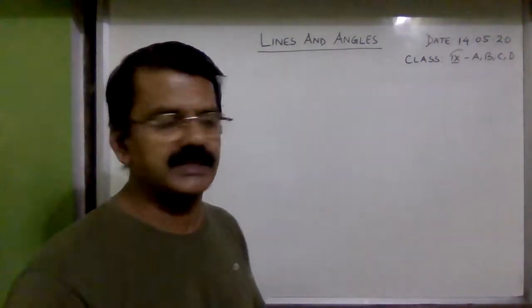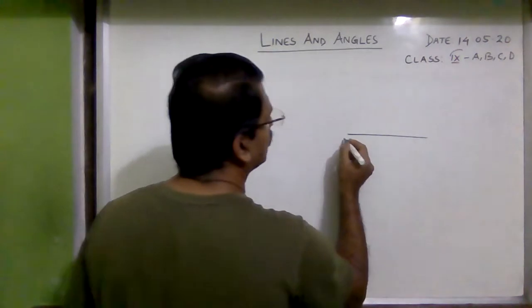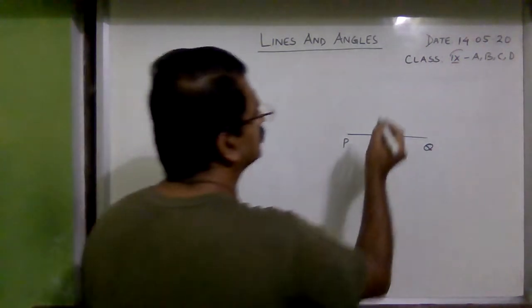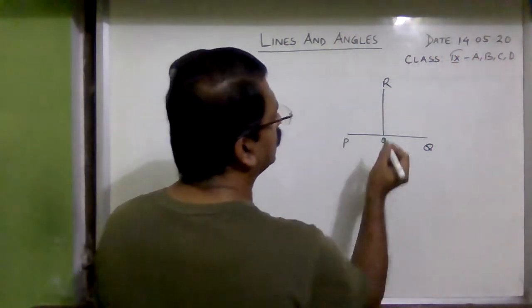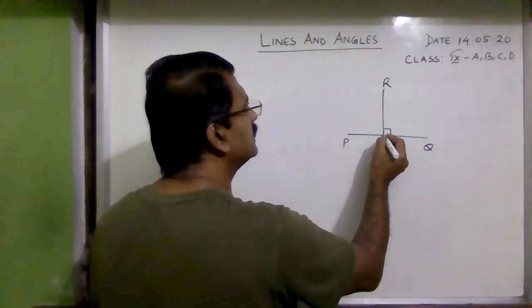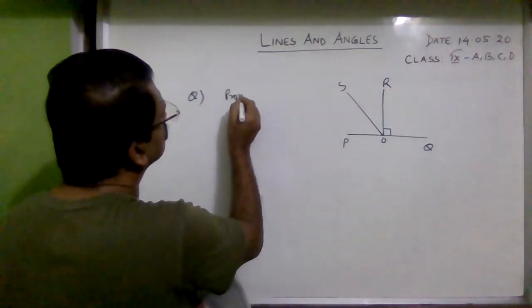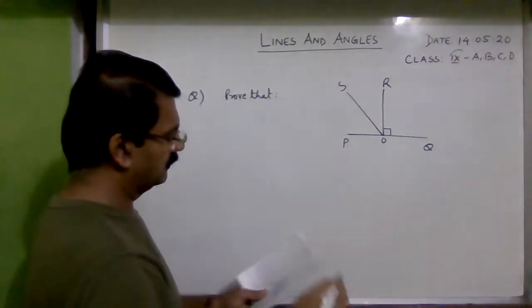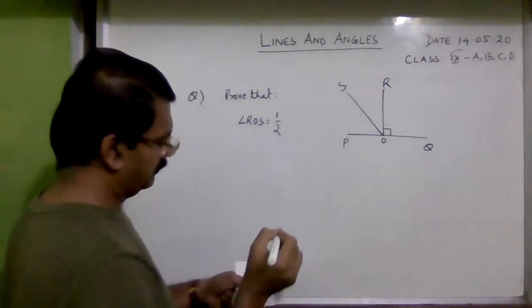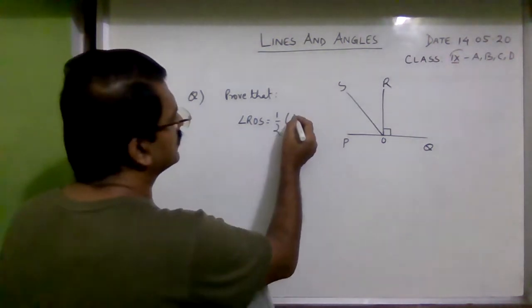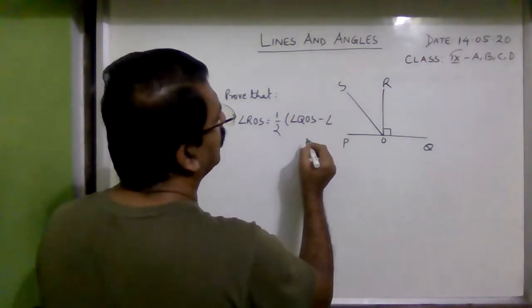First of all, the first example. PQ is a straight line and OR is perpendicular to PQ, and then there is a line OS passing through O. Then you have to prove that angle ROS is equal to half of angle QOS minus angle POS.